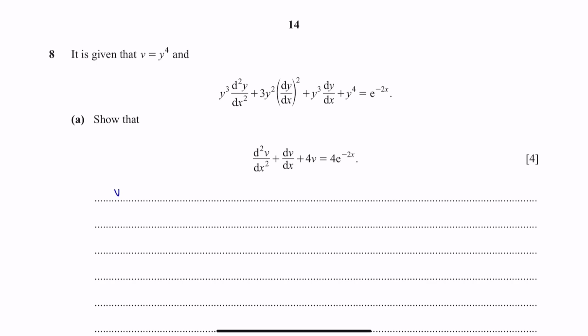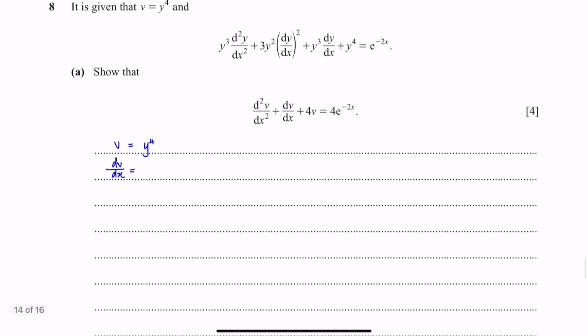So we have v equals y to the 4. So we need to find dv/dx. So we treat y as one of the variables also. So since we don't have x, we would just write 4y cubed dy/dx.